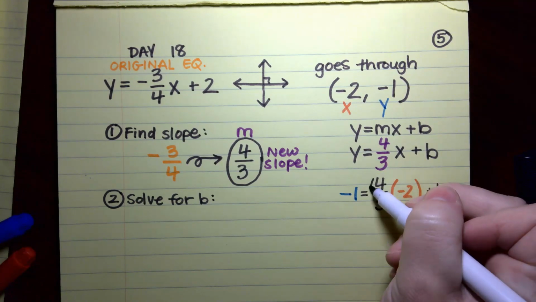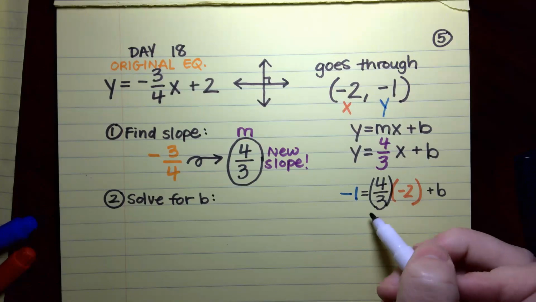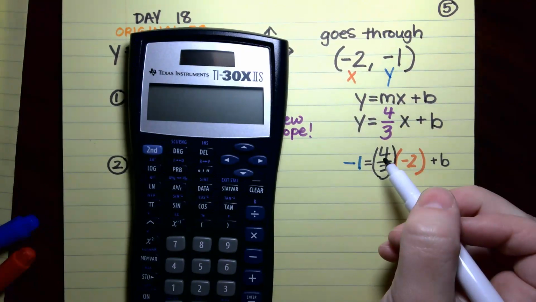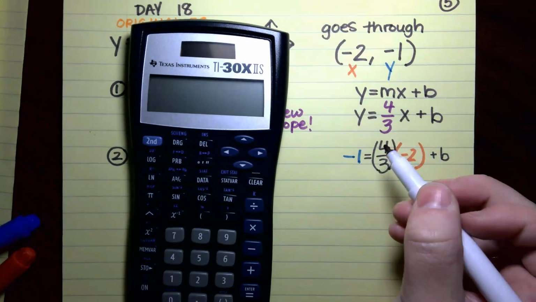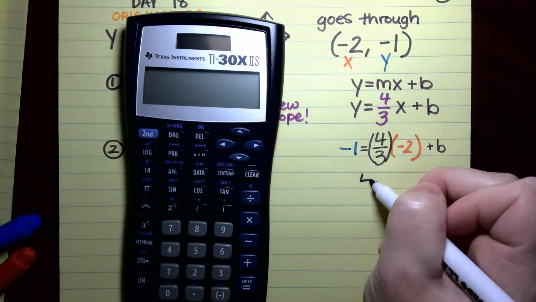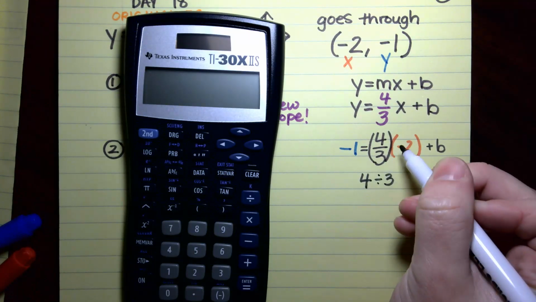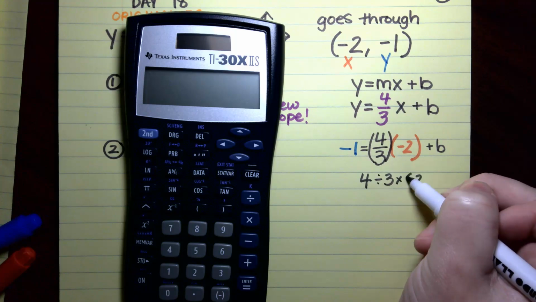And again, if parentheses help you remember what you're doing, then do it, absolutely. And again, I'll write out what we're typing in our calculator. To find out what my slope times my x is, all I'm doing is typing in 4 divided by 3 times negative 2.